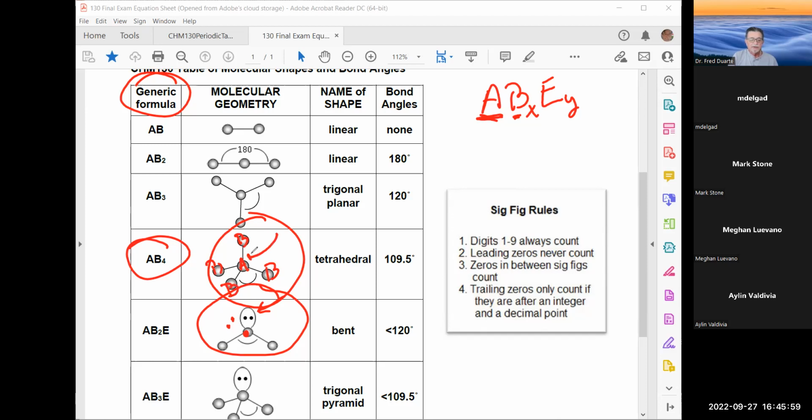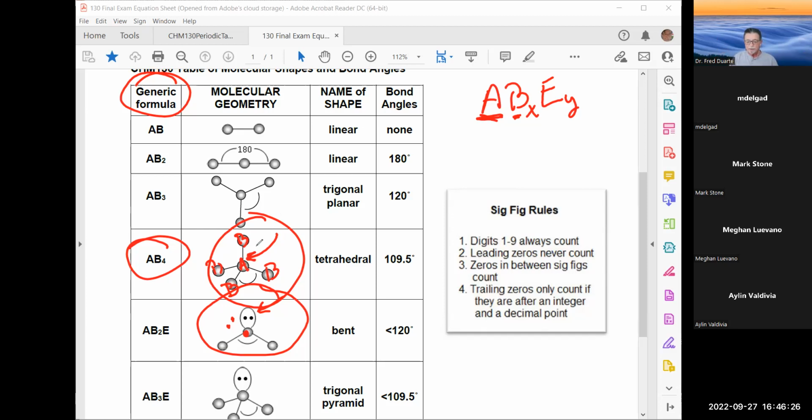That line represents a bond between the A and B, and remember that bond has 2 electrons. If, for example, these 4 Bs were magnets of the same sign, they're going to repel each other until they get to the furthest away position that they can.